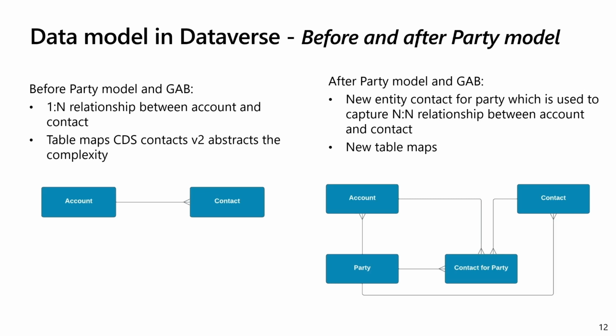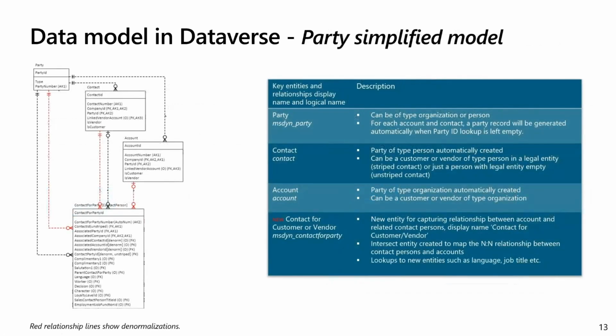At the contact for party level, we will be capturing the details of the association between a contact and an organization. When looking at the simplified data model, we can see a zero-to-many relationship between party and contact, party and account, and also at the center we are seeing the contact for party holding associations between these three entities.